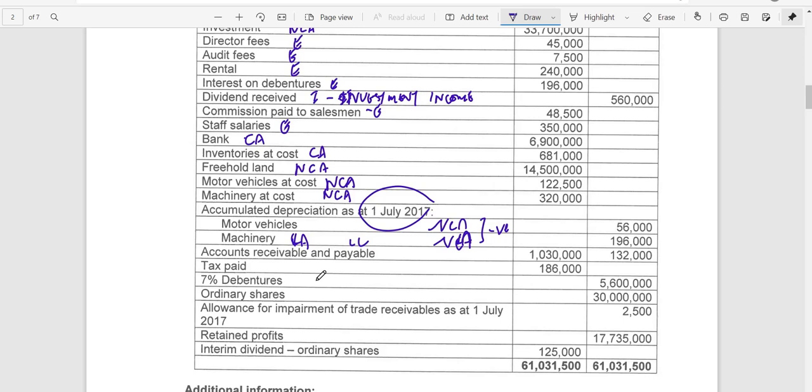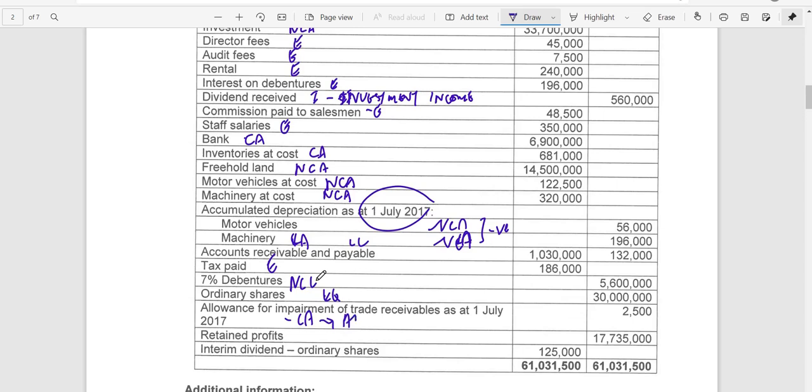Tax paid is your expense you have paid in advance for the tax, and you have to check what was the tax expense. 7% debenture. This is your non-current liability. This is your equity, and this is the negative current asset for your accounts receivable.